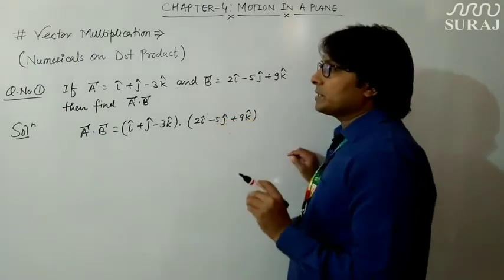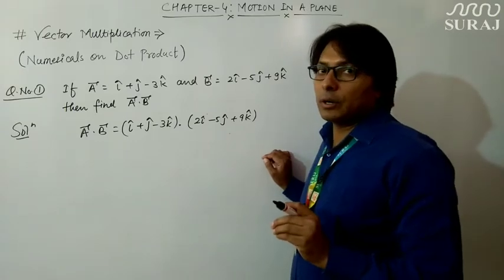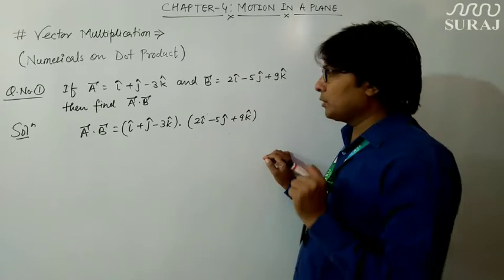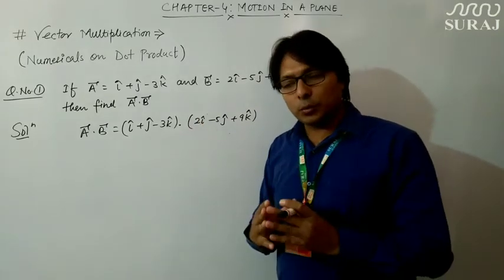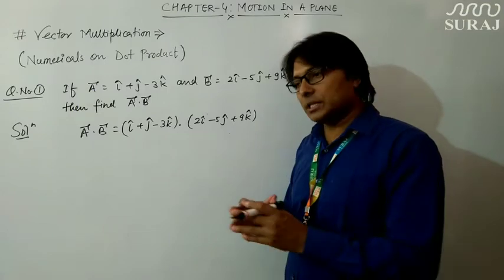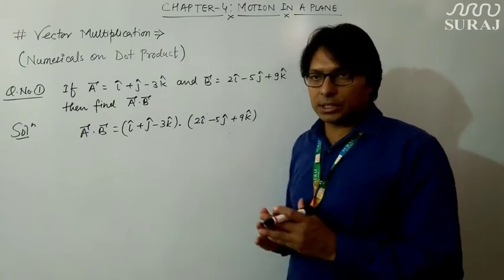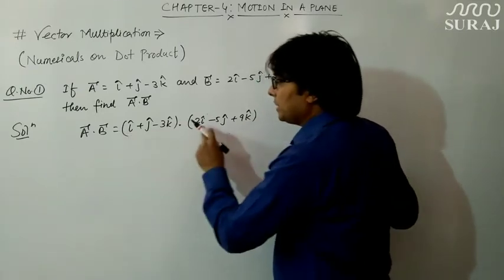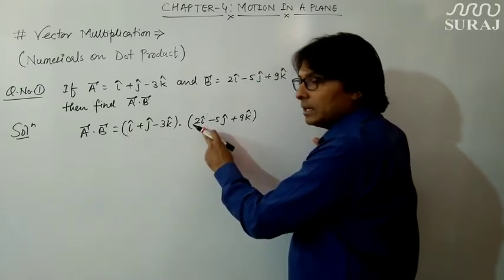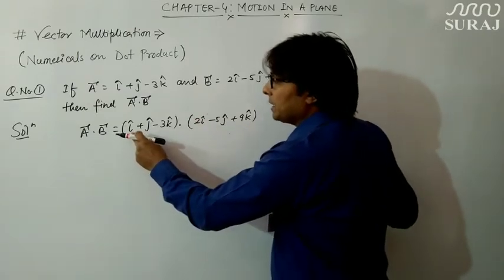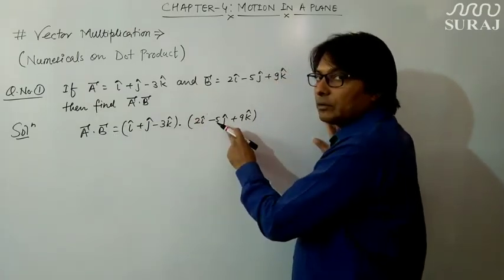Now we have studied about the dot product of unit vectors, and you know that the dot product of similar unit vectors is 1 and the dot product of dissimilar unit vectors is always 0. So if I dot product i cap with i cap, it will give 1, otherwise it will give 0. So if I multiply i cap with j cap, it will give 0.